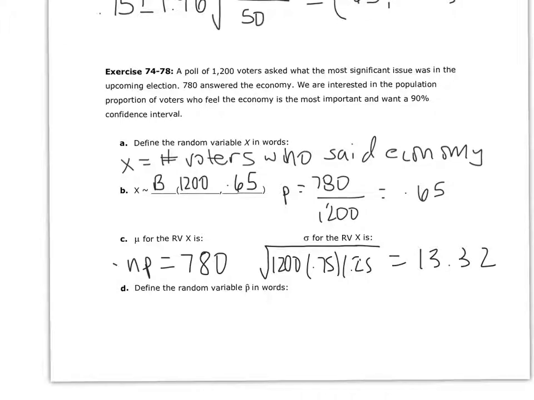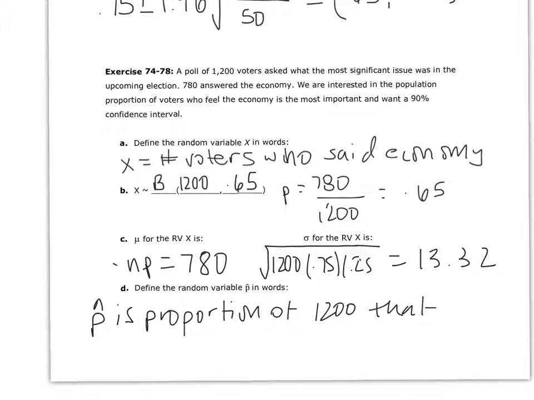Now we're going to start talking about p hat, the actual sample proportion, so we can get the confidence interval that we're looking for. So we want to define what that is. P hat is the proportion of the sample that said economy.